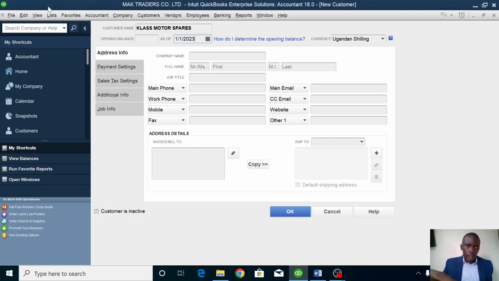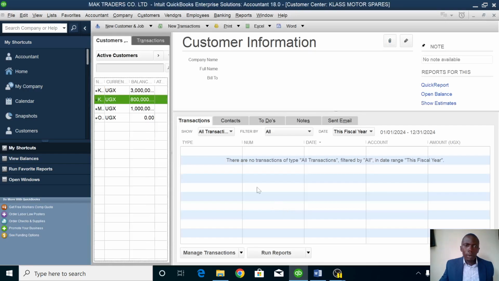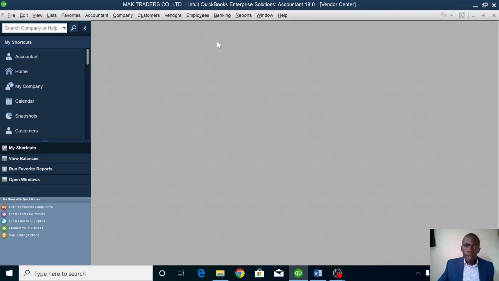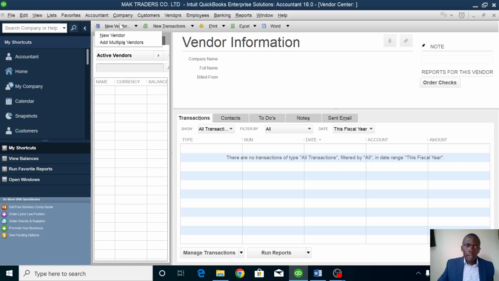Then the opening balance is 800. We say okay. Then now we got suppliers. Going to home. Suppliers are also vendors. So we add new vendor.